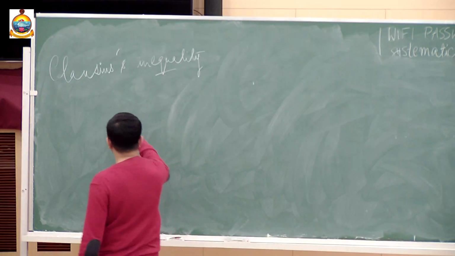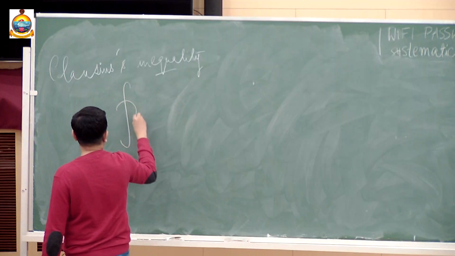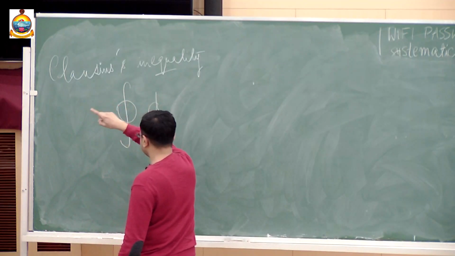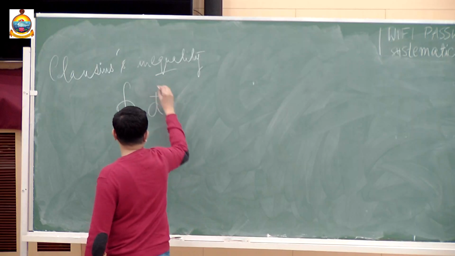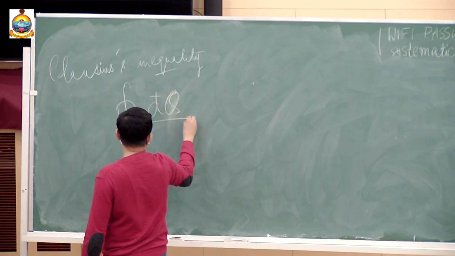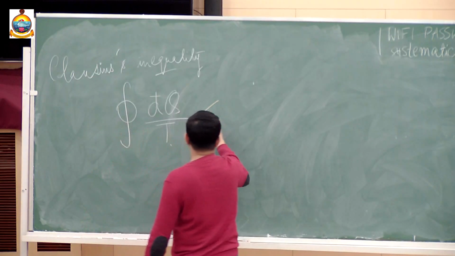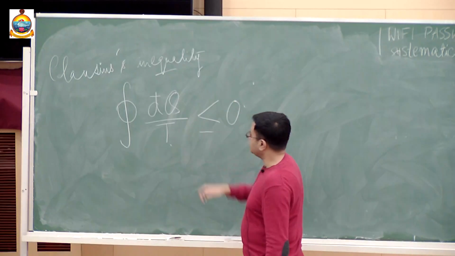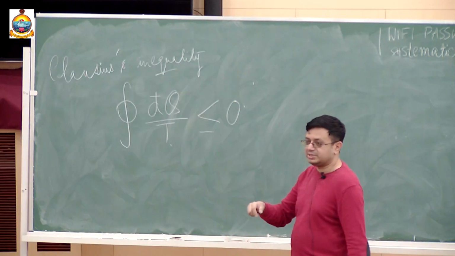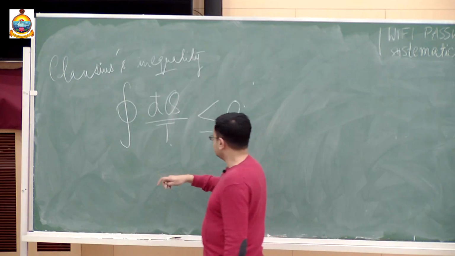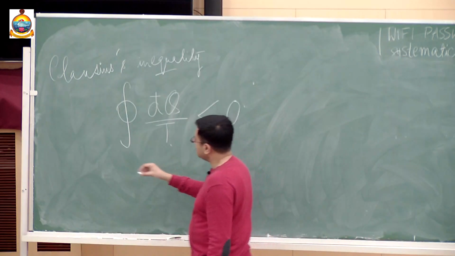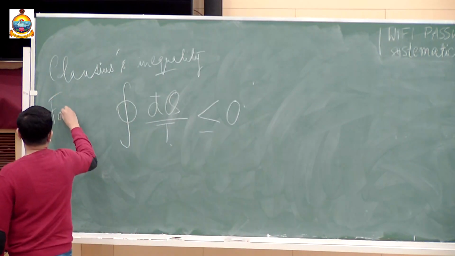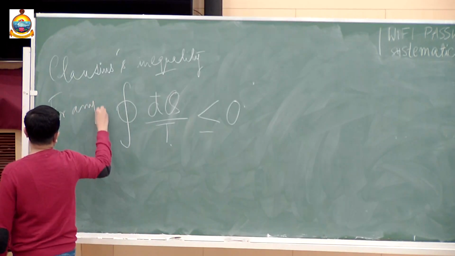For any cyclic transformation, Clausius's inequality says that over the whole cycle, the integral of d cross q by T is less than or equal to 0, where d cross q is the heat absorbed by the system.